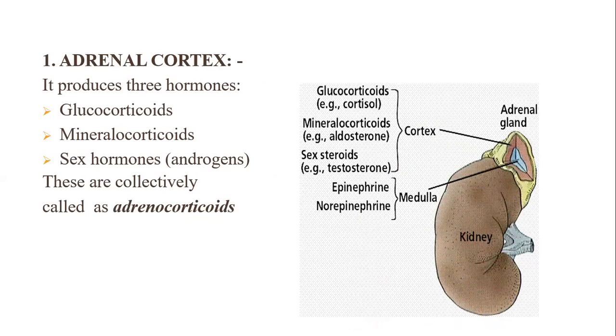Firstly, the adrenal cortex. It is the outer part of the adrenal gland and it is generally divided into three regions, three layers. The outermost layer is called zona glomerulosa, the middle layer is called zona fasciculata, and the inner layer is called zona reticularis.